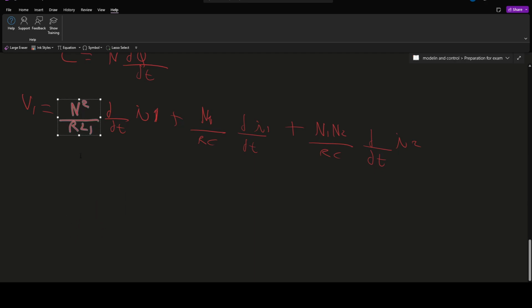We are going to call this L1, so this is going to be our inductance due to the leakage in I1. So we are going to call it the primary leakage inductance.